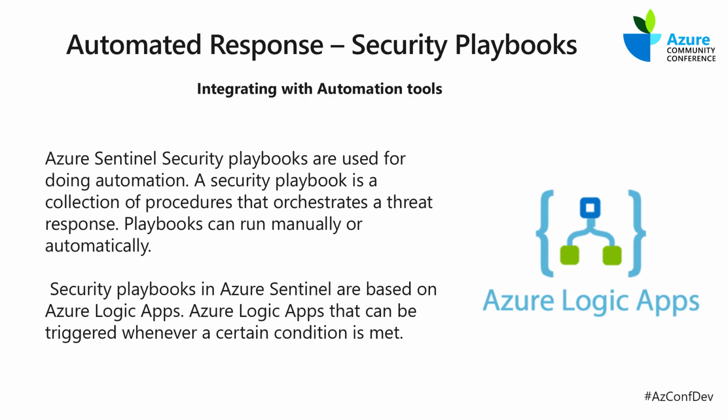You can build a Logic App that will pick up, through the Sentinel connector, the data whenever any incident is raised in Sentinel, and then it will trigger the notification. Or, for example, if somebody is deploying an Azure configuration which is not allowed in your environment, you can probably disable it using Logic Apps.